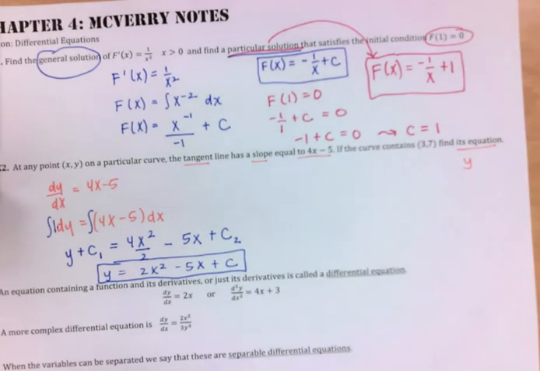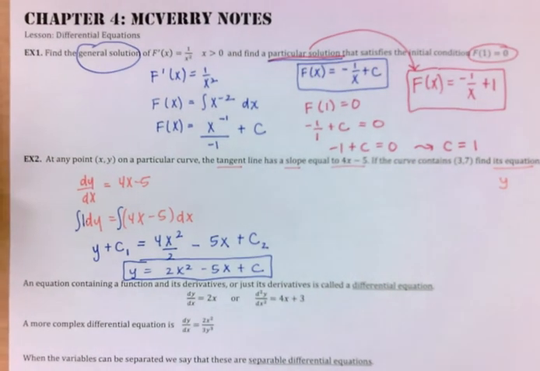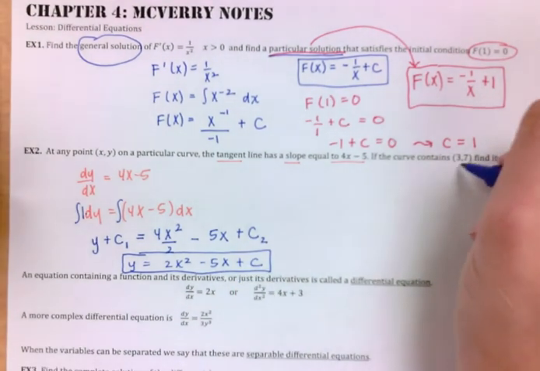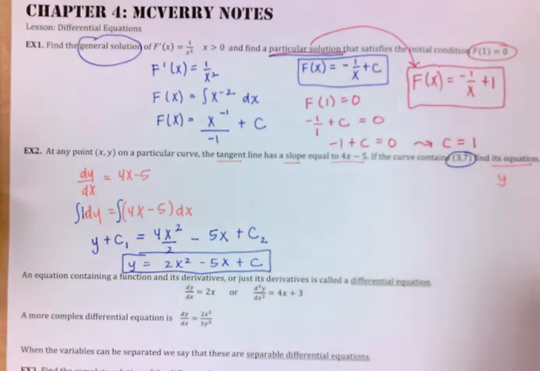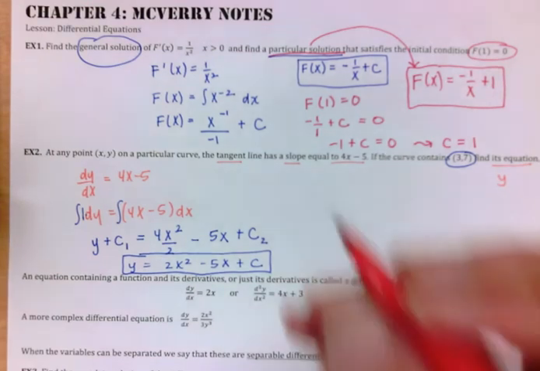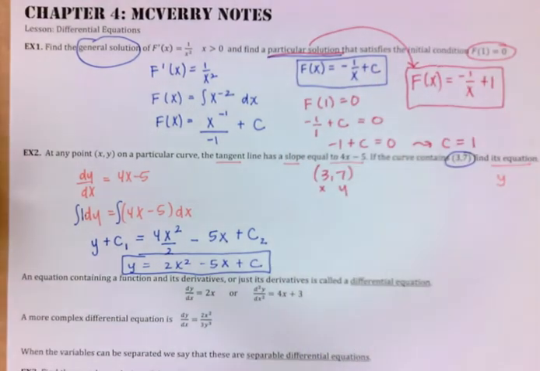So that's our general solution. So then we are given the point (3, 7) in order to find the particular solution. So we're going to use that point in order to find that. So we know that in (3, 7), this is our x and that's our y, so we just plug that in there.